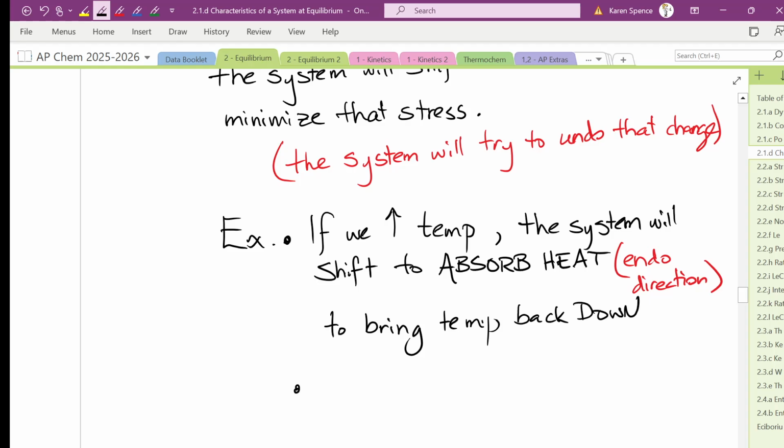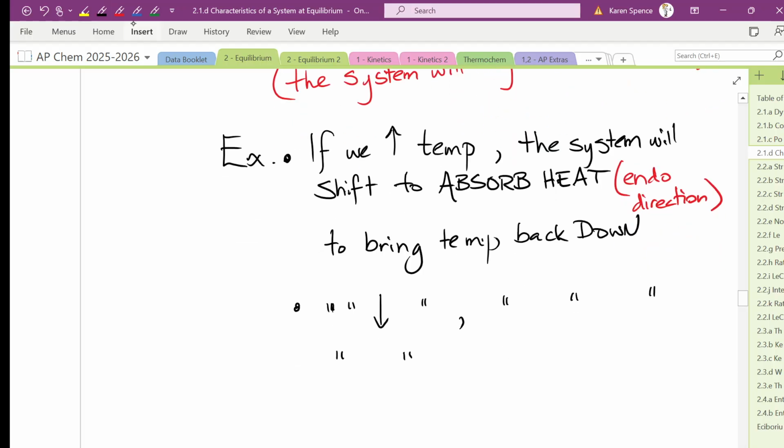And then, of course, watch how we use dittos here to not have to write everything again. If we, ditto, ditto, if we decrease the temperature, the system will shift to release heat.